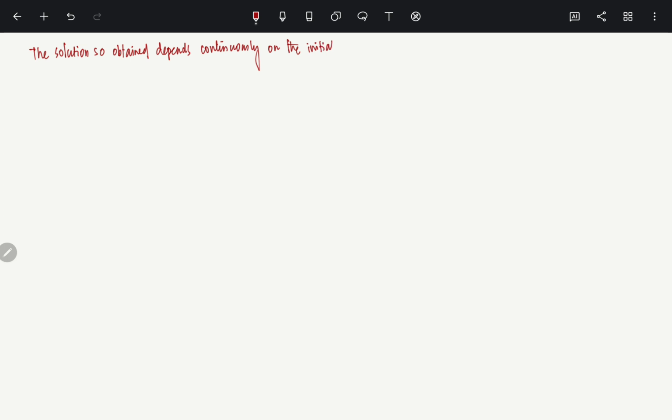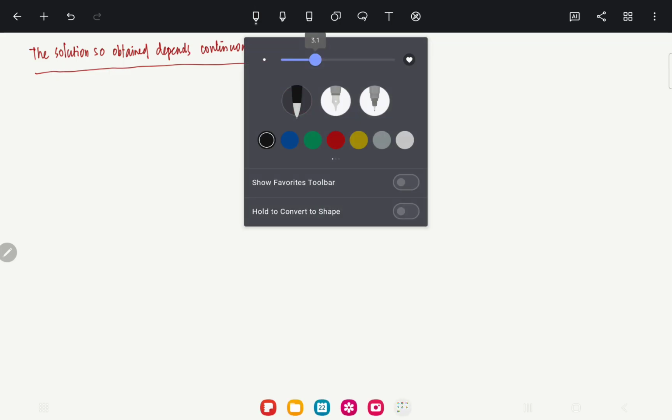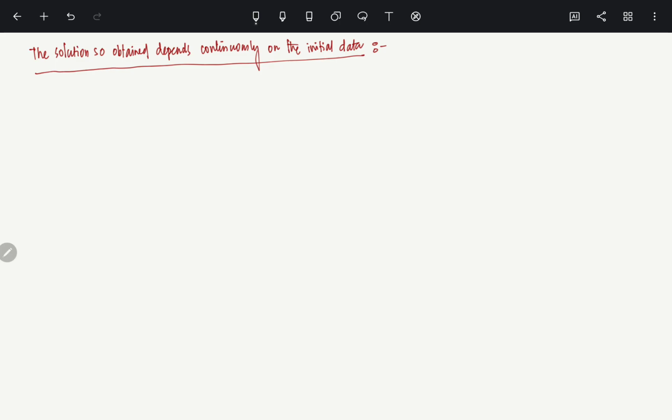It means that if you change the initial data a little bit, the solution also changes a little bit. Of course, it doesn't make much mathematical sense to say something changes a little bit, so let me give you an exact form of what I'm trying to tell you.